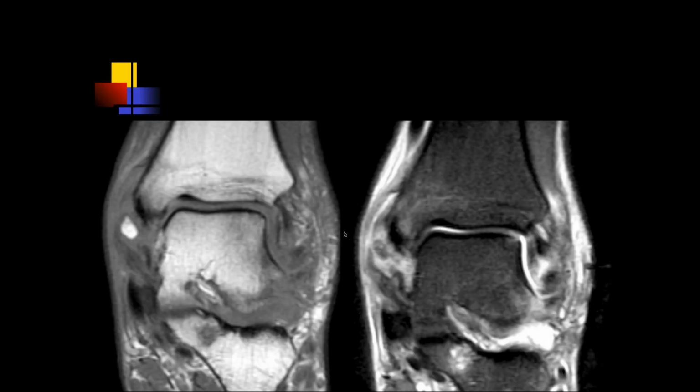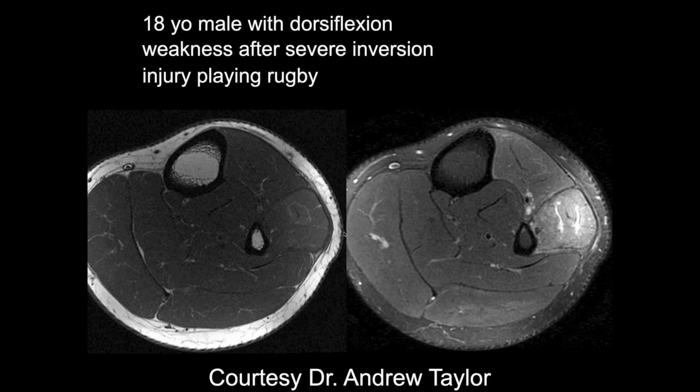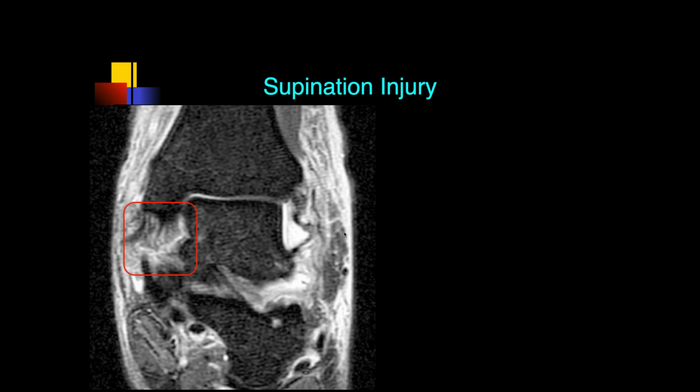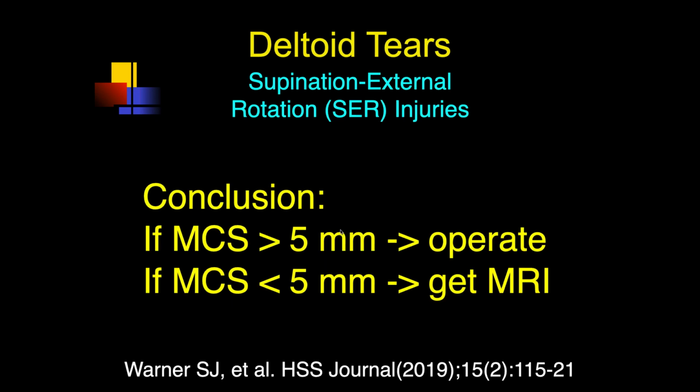Yeah, and if you go back here to this HSS article, their criteria for surgery. Oops, where did I go? Somewhere. Yeah, if you have greater than 5 millimeter separation, go straight to the operating room. You only get an MRI if there's less than 5 millimeters, and this was.